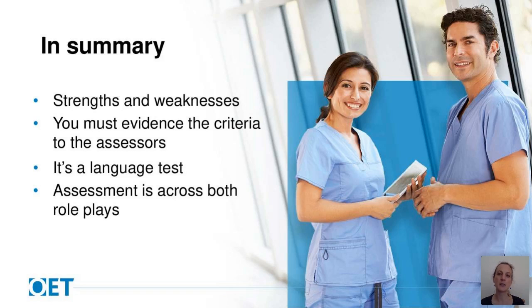Looking at those assessment criteria, as I said at the start of this session, is really important to understanding what the assessors want to see and is a valuable part of your preparation. It's something that you should be making a regular part of your preparation, to look at those criteria and to make sure, when you're listening perhaps to your own recording of a role play, how well you have evidenced them.